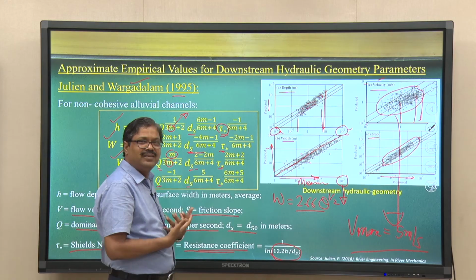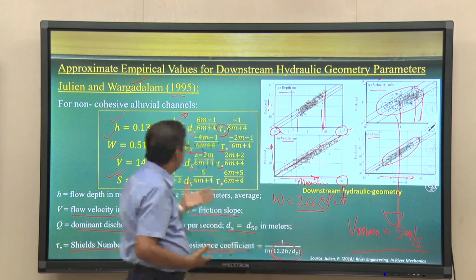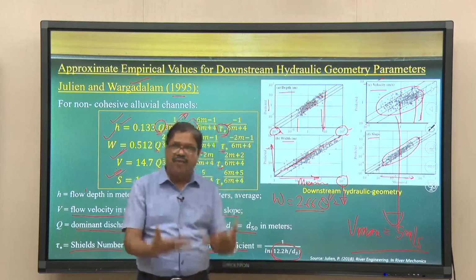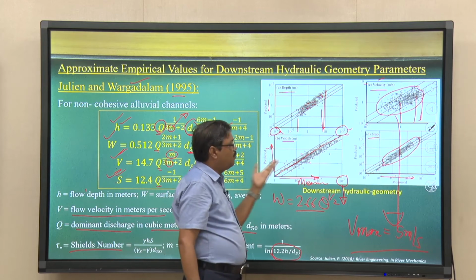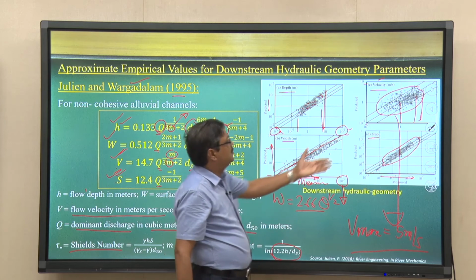So, it all says how much uncertainty there is in this scatter plot when you try to establish this regional relationship in terms of flow depth, width, velocity, energy slope with respect to Q, ds and tau stars, and this data is collected at river levels, okay, at field levels, and the comparison of measured and predicted shows us how good the relationship is.